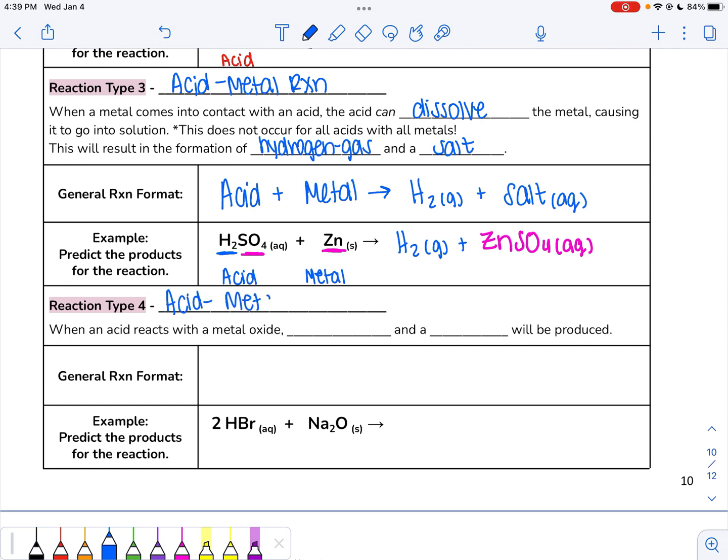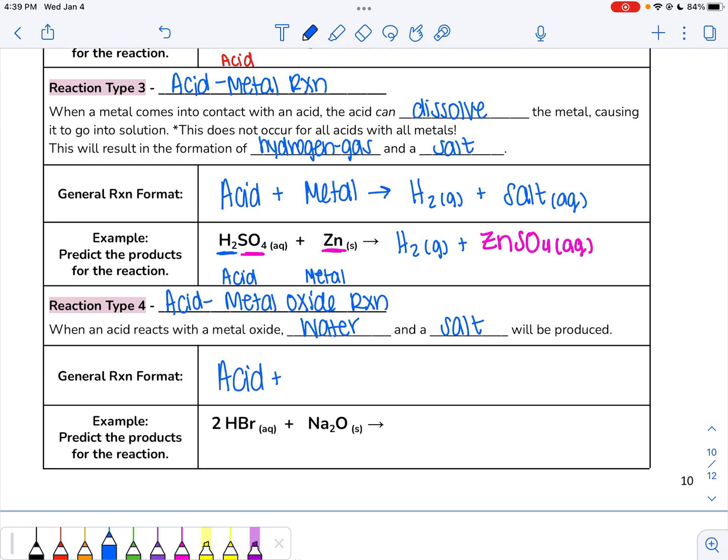Last one. So reaction type 4. This time we're going to have an acid metal oxide reaction. So when an acid reacts with a metal oxide, what are we going to make? We're going to make water and a salt. So we'll think about how this one's a little bit different from the acid metal reaction before.